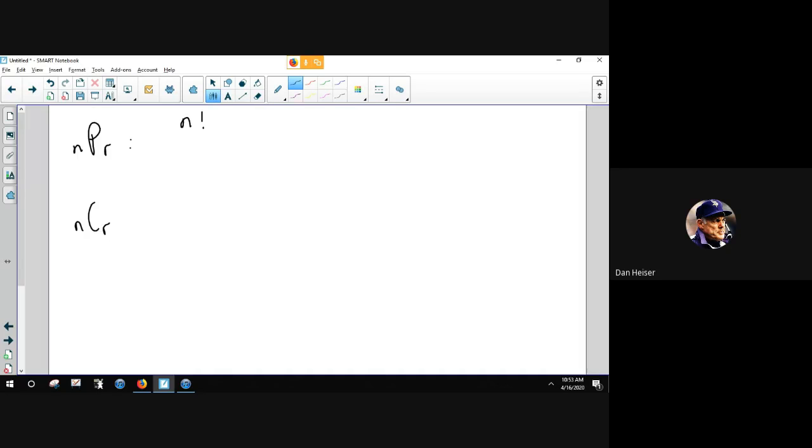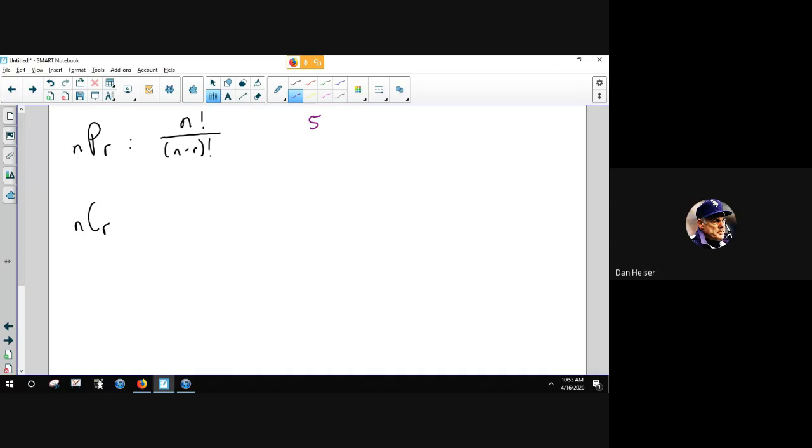nPr starts out with n factorial. But then we have to divide some things out. We divide out the things we don't want. For example, I'll go back to the group of 5, select 3 winners.